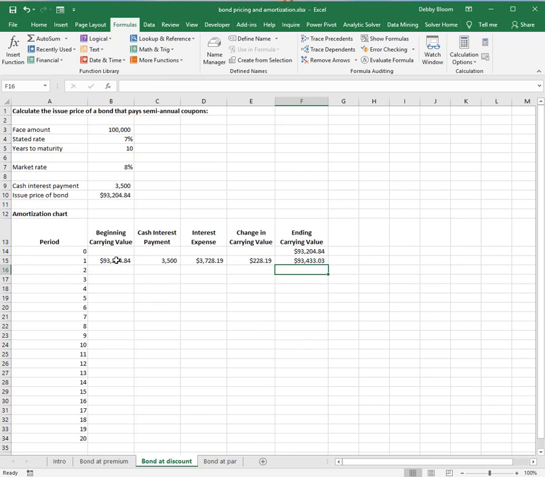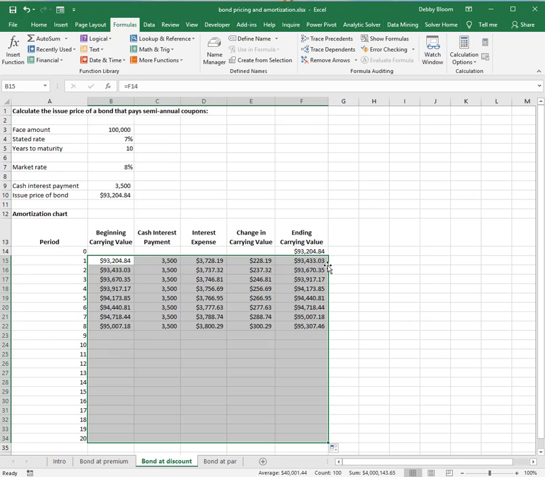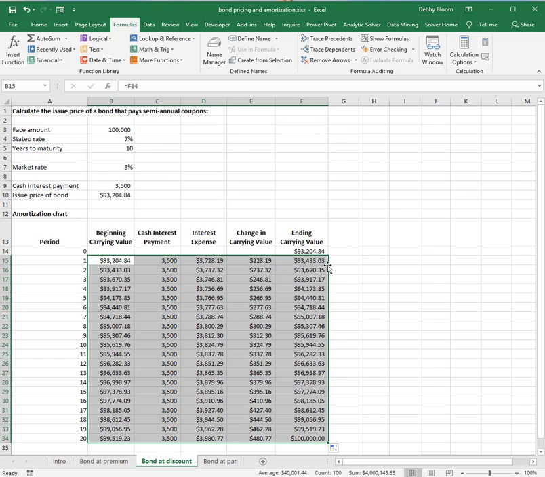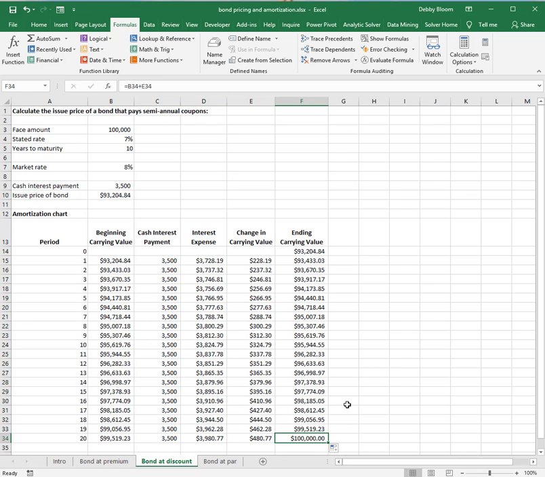So I'm going to select all of the formulas on row 15 from column B all the way out to column F. I'm going to locate that fill handle on the bottom right-hand corner. When my cursor turns into a skinny plus, I can just double-click to copy all the formulas down. And as you see, I have a $100,000 ending carrying value at the end of period 20.